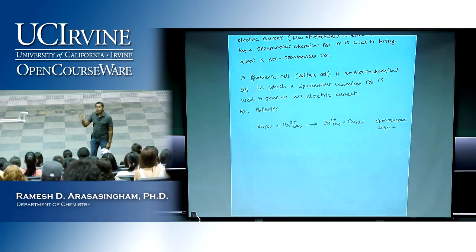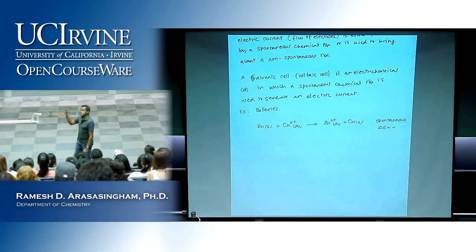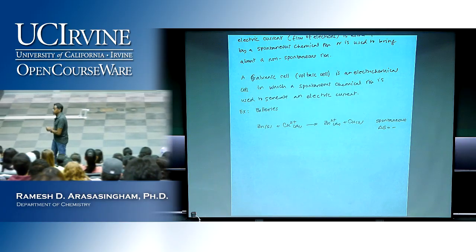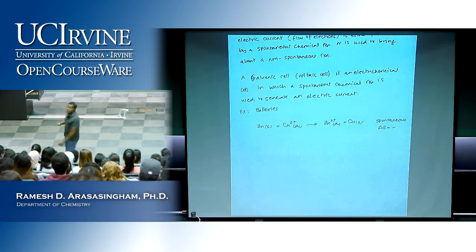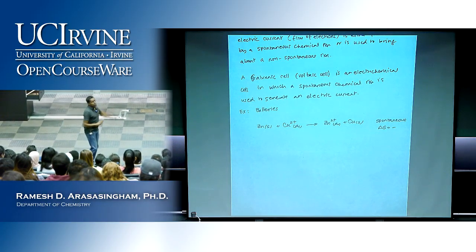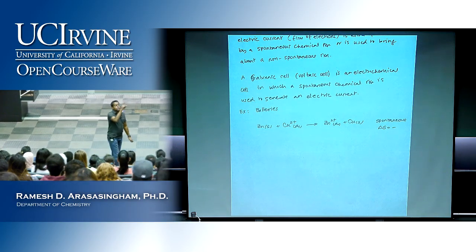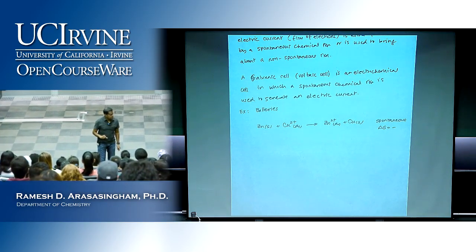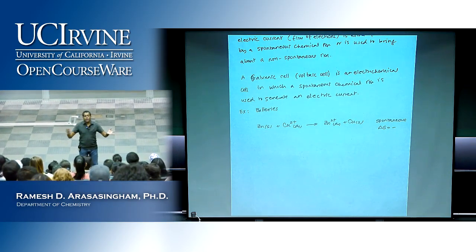Twice as many billions upon billions of electrons. If I take 1 mole of zinc and 1 mole of copper, we know 2 moles of electrons will be transferred. So if you have large amounts of both, you're going to have a tremendous amount of electrons being transferred.